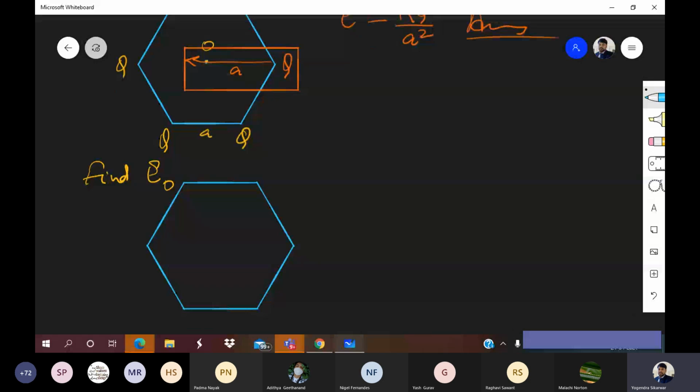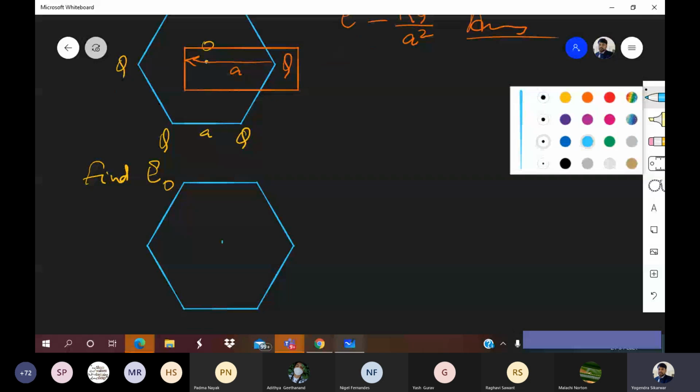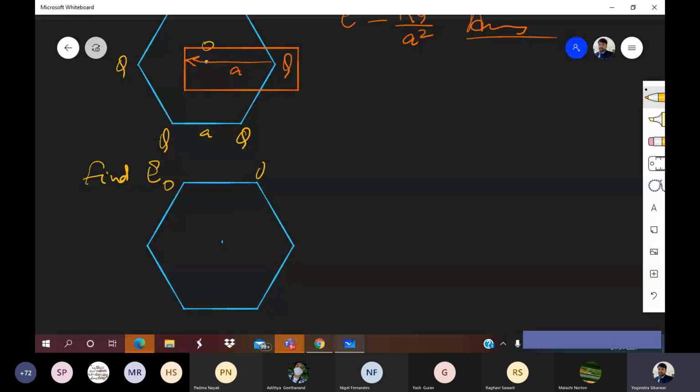Good. This is point O, and the question is Q, Q, Q, Q, Q. And the question is same. Find electric field at point O. So this time there are two corners which are empty. Please give me the answer.